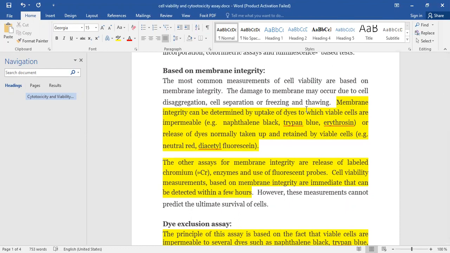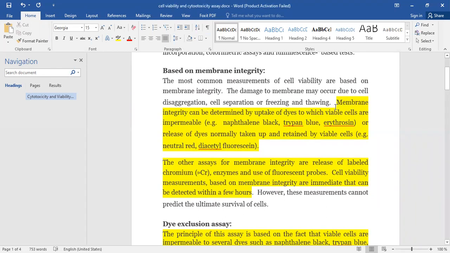And when the cell membrane is disrupted, the whole cell will die. So this method is based on the cell membrane integrity assay, in which we analyze the viability of the cell on the basis of the cell membrane.